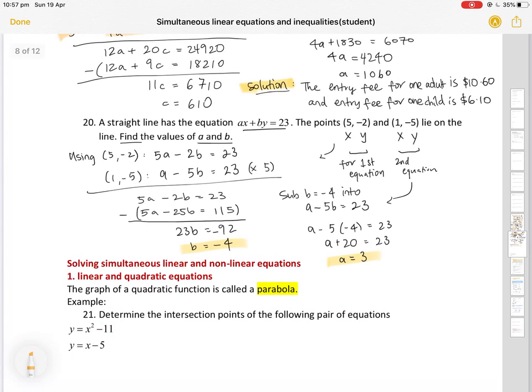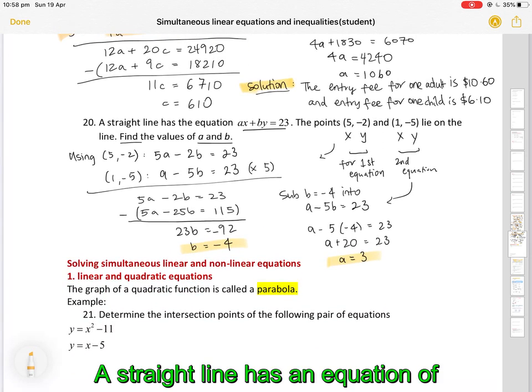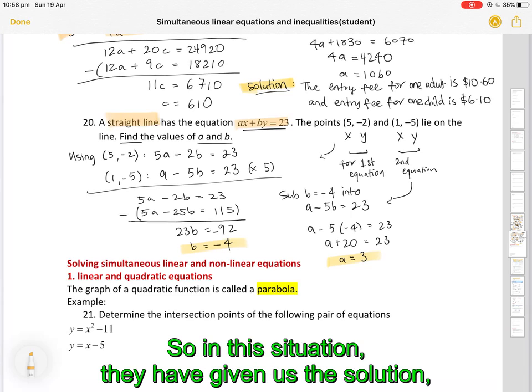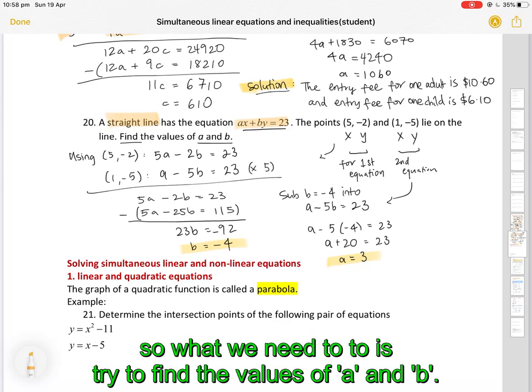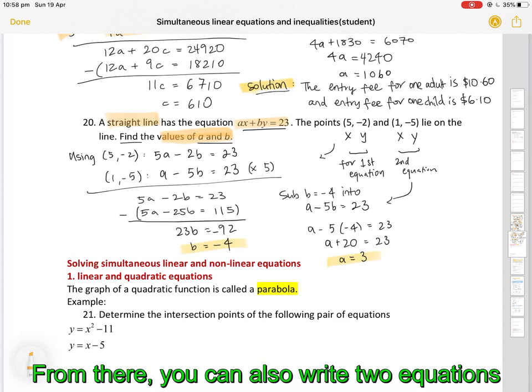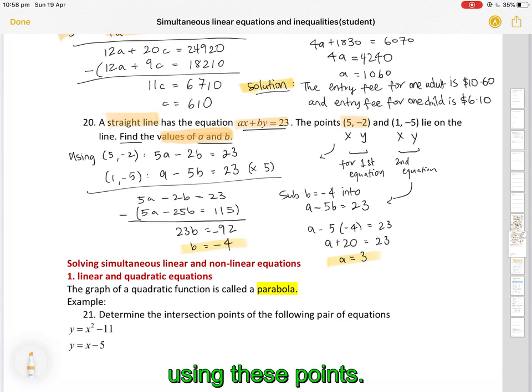Question 20. A straight line has an equation of ax plus by equals 23. So in this situation, they've given us the solution. So what we need to do is try to find the values of a and b. From there, you can also write 2 equations using these points.